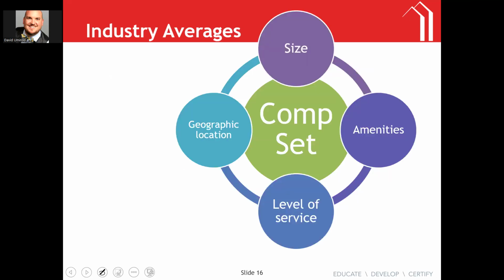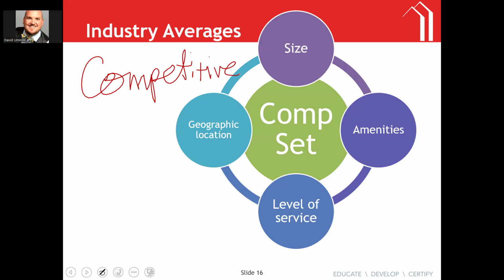We can look at industry averages, what's called our comp set. Comp is short, not for free, but for competitive. Our comp set is our competitors. Who are we competing against for the same guest?